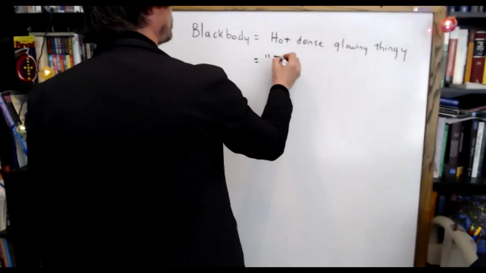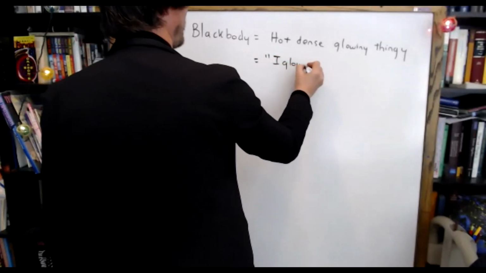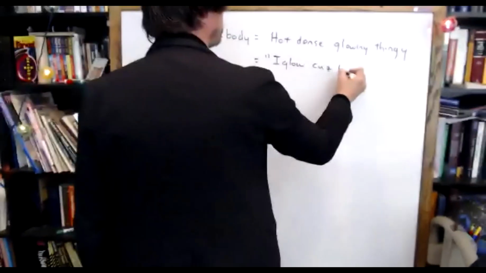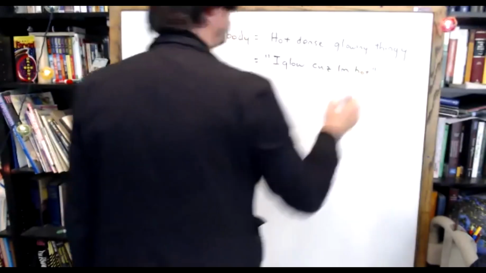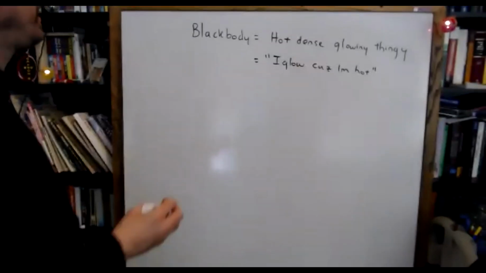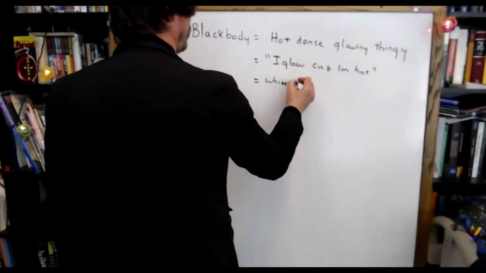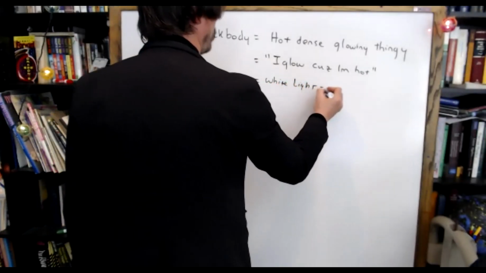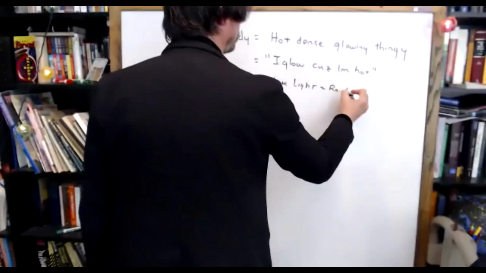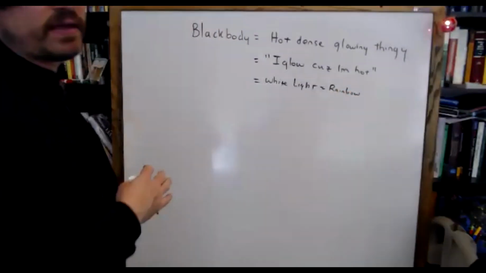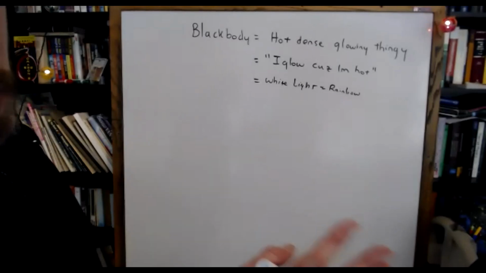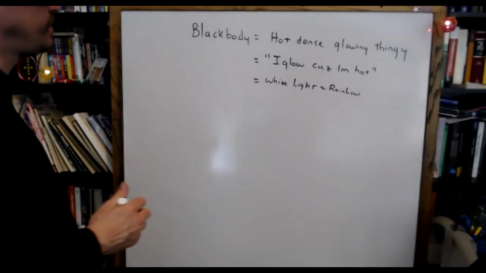The idea is I glow because I'm hot, due to temperature alone. And black bodies usually produce some type of white light or a rainbow. And that means they contain all the colors of the rainbow.